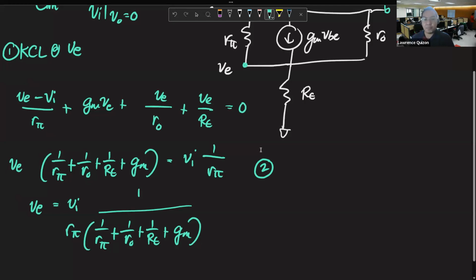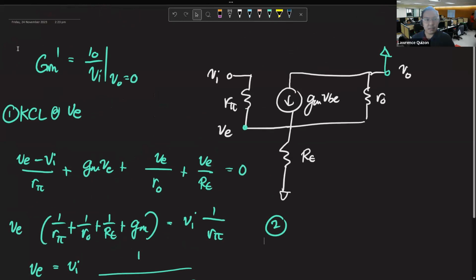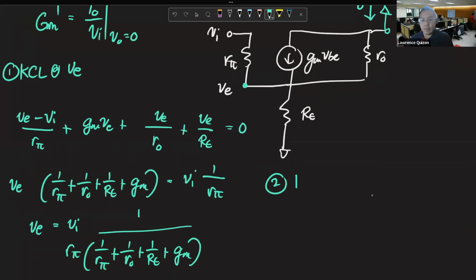Sige, next equation is, we're going to do KCL at, anong kinukuha natin? GM. So, meron tayong I out, no? So, we're going to do KCL at V out, no? Ang KCL at V out is 0, but that's still the output node.